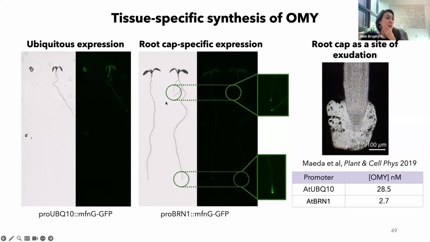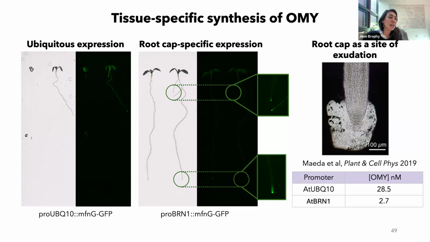So one of the things she tried was to restrict where within the plant the O-methyltyrosine was being made. Instead of expressing the enzyme ubiquitously all throughout the plant, she started to use this root cap tissue-specific promoter to express the enzyme that produces O-methyltyrosine. And we chose root caps because that's a site of exudation of a variety of things, including carbon and amino acids, into the soil.